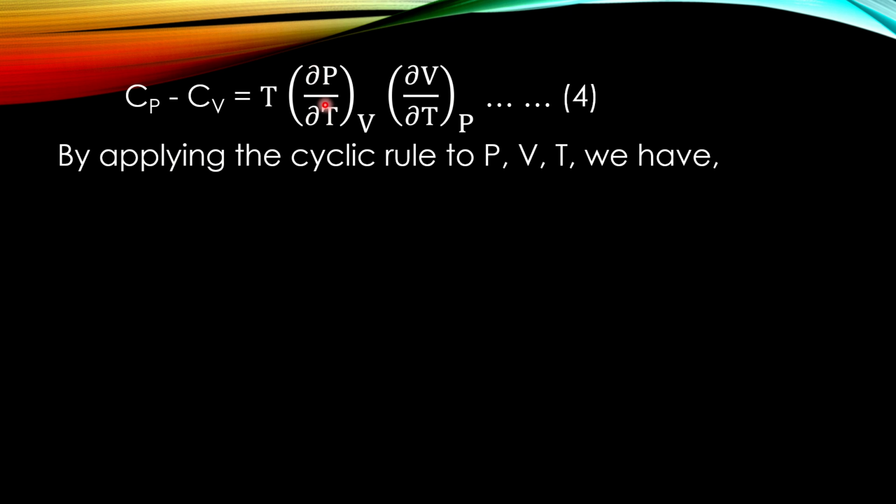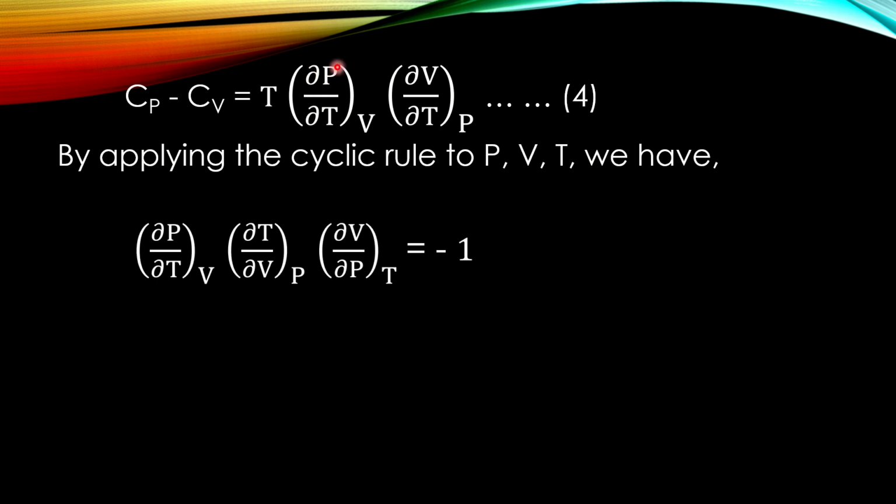In order to do that, we have to take help of the cyclic rule. If we apply the cyclic rule in case of P, V and T, and start with this one, (∂P/∂T)_V, T in the numerator, then T goes to the denominator, V comes and is added to the numerator, then (∂V) goes to the numerator, P goes to the denominator, and the constants are here V, here P and here T. The overall (∂P/∂T)_V (∂T/∂V)_P (∂V/∂P)_T becomes minus 1.